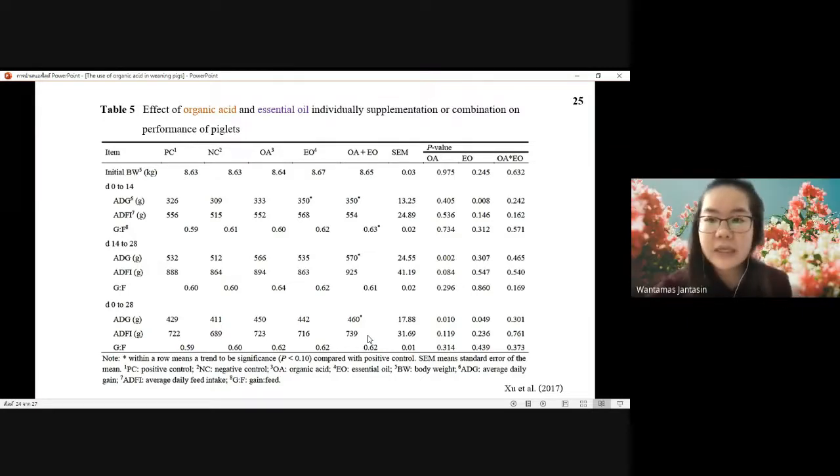For example, if the piglet does not show any illness symptoms, why does supplementing organic acid in the piglet diet give good results for them?